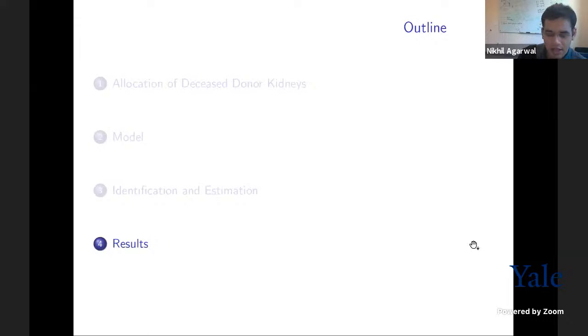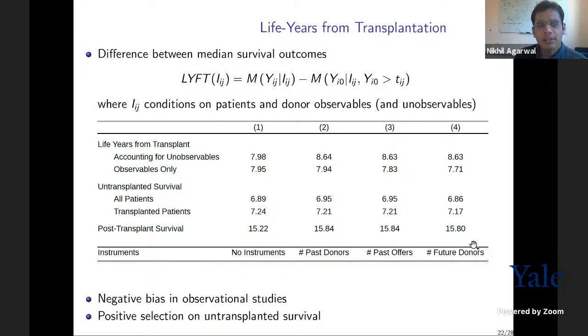Okay, so great. Let's get into the results that come from this approach. First, let's look at the life years from transplantation in the system. We're going to look at the difference between the median life years with and without a transplant. As I mentioned earlier, the observational estimates give you about 8 years of life, and our estimates give you a little bit higher, 8.6 years of life.